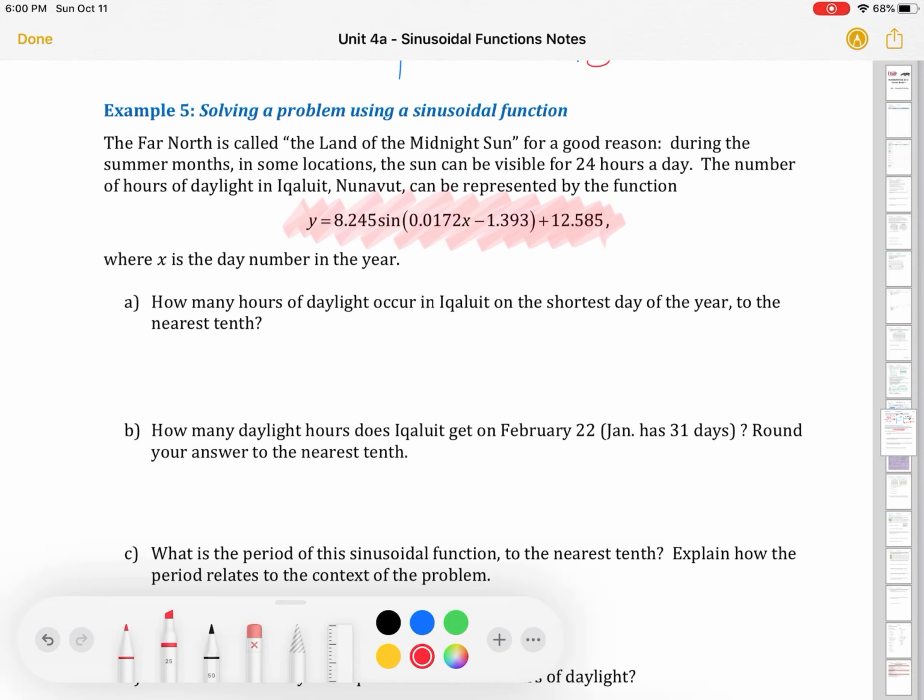Okay, and we're graphing it, and I think I need to put it in radians. I just got to check my window. Well, I'm going to go from 0 to 365, because that's how many days there are in a year, right?